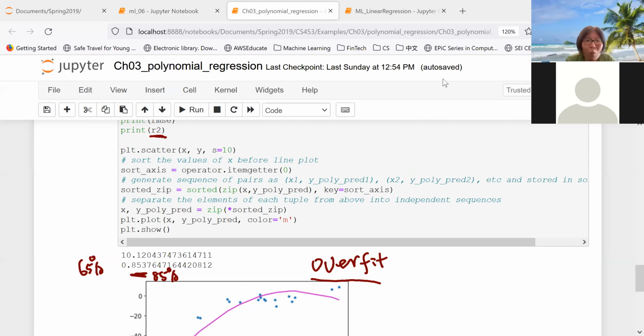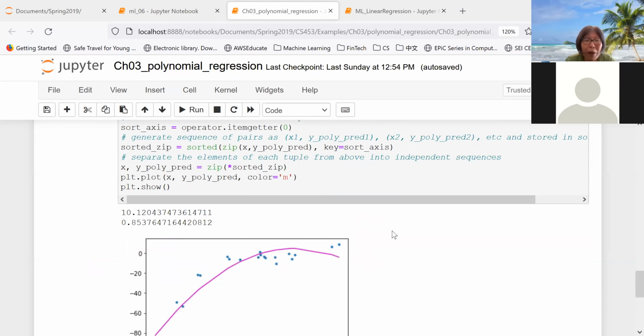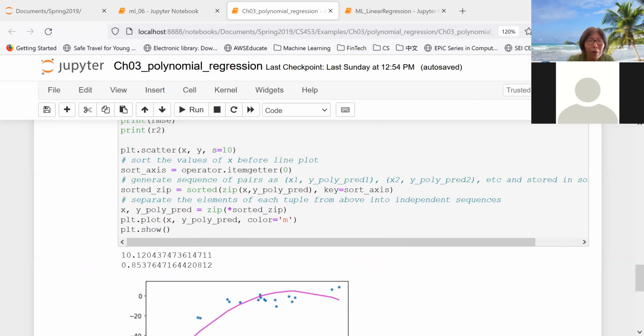What is explained over here is that we can also sort the x values before the plotting. To do it, we first need to generate a sequence of pairs. If you recall, in Python we learned the zip function. When you do the sorting, you can specify which axis you want to sort.